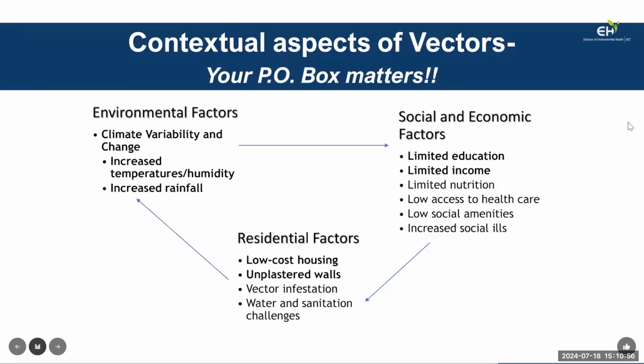We're finding more and more that areas that used to be predominantly agricultural are now being changed to residential areas. And this would definitely have an impact on vector breeding. So definitely your address, your PO box does matter when it comes to exposure to vectors and the risk of contracting vector-borne diseases. Next slide, Natasha.